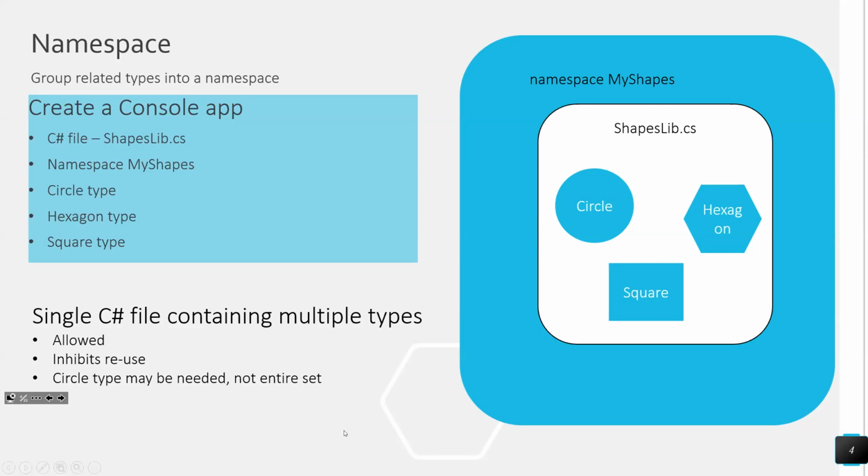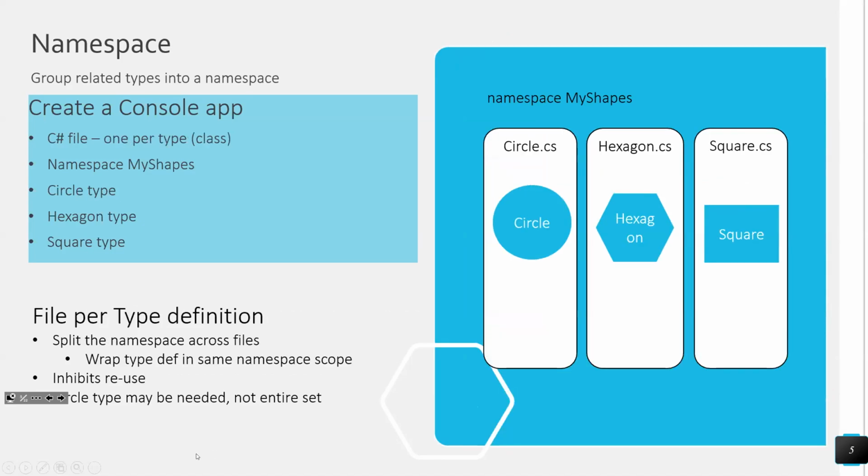But it's not very flexible, is it? If we need to reuse our circle, we have to copy or include this whole library, because we can't get to the circle separately since they're all within that one .cs file. So if we change things a little bit within our project, and now we define each different class in its own .cs file, which I've griped at you guys to do from the very beginning, right?